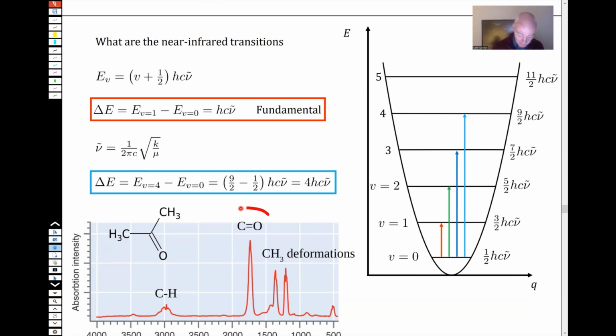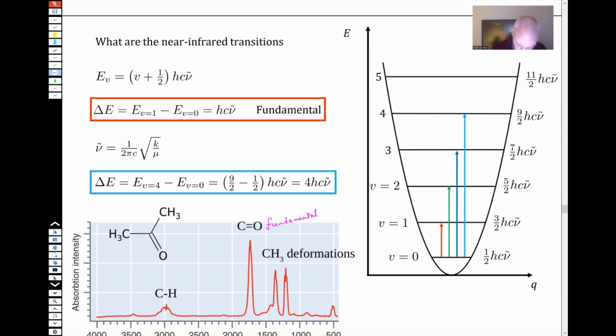That's something like C double bond O. But of course, all these other levels exist. They're all there. It's just, how likely is the transition to get to them? The levels exist, so you can jump up to them. It's just, is it going to be a very intense transition or not? Well, here's C double bond O. That's the fundamental. So let's just note that down as such, fundamental.